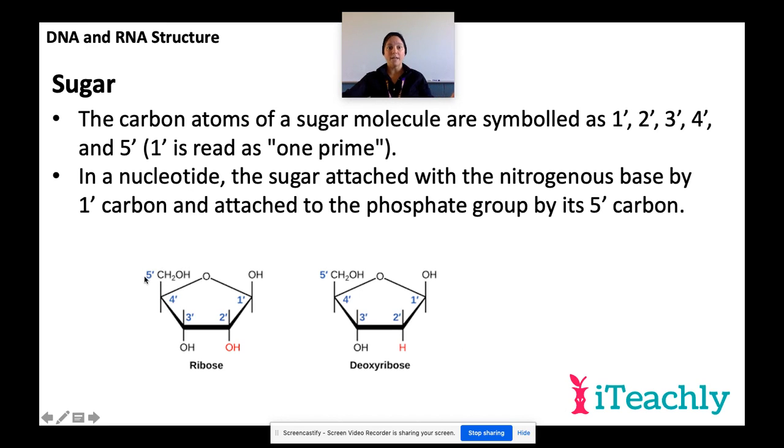Is the 5 up here facing up, or is that little tag flipped downwards? So that's how we can tell the direction of those sugars: based on counting the carbons around the ring and where that little extra tag is on the ring.